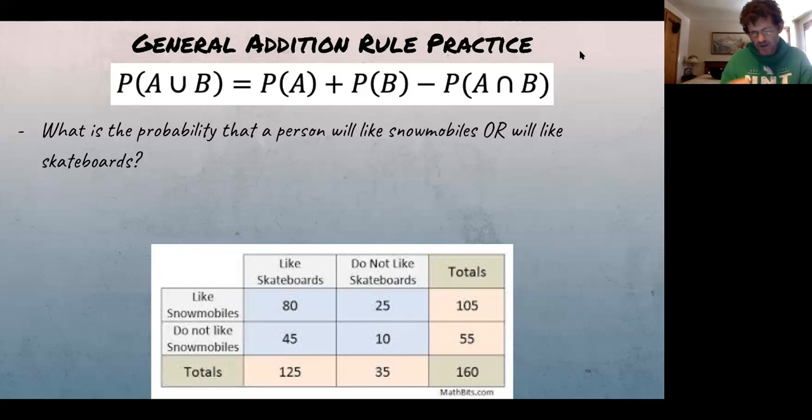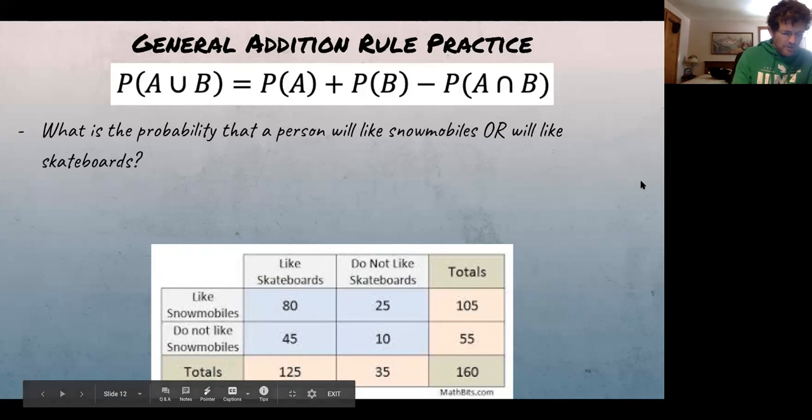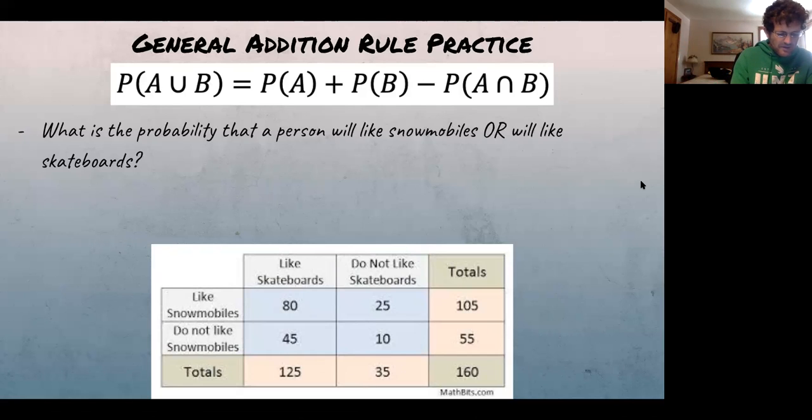We do want to think about this. So in this case, liking snowmobiles or skateboards, it doesn't matter if they like both, but it matters that they like at least one of them. And so from this two-way table, that's going to include everyone who likes snowmobiles, everyone who likes skateboards, but minus the people who like both.